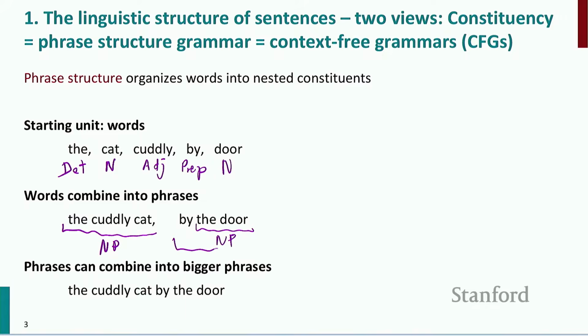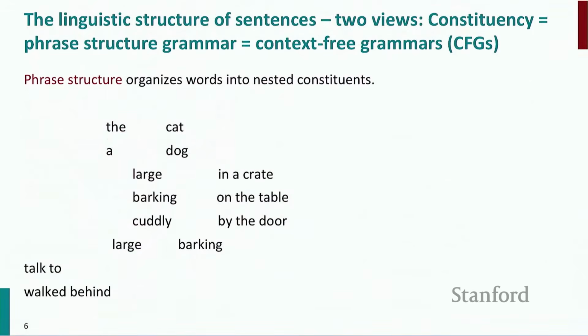But this bigger unit, by the door, is a prepositional phrase. And we can continue to build bigger units. Inside this, we have the phrase we've already looked at with a noun phrase and a prepositional phrase. But then we can have another noun phrase, the cuddly cat, and we can put them together and build a bigger noun phrase, the cuddly cat by the door.